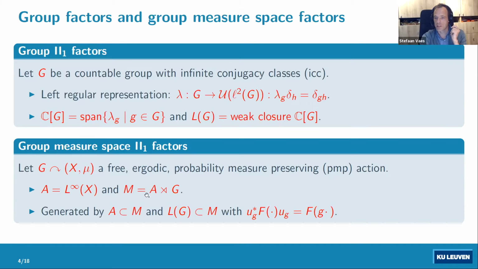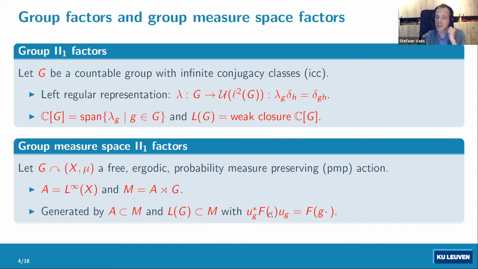And this II_1 factor is usually denoted like this. It's a crossed product construction. It resembles a bit semi-direct products for groups. And this von Neumann algebra, A cross G, contains two things. It contains, on the one hand, L infinity of X as an abelian subalgebra, but it also contains the group von Neumann algebra L of G. And the two interact as they do in group theory.